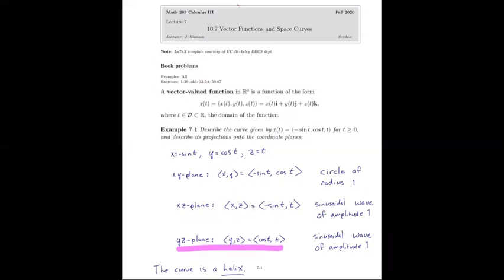So again, this is the parametrization of a function y equals cosine of z, where z is equal to t, and that would be our standard Cartesian representation of that versus this parametric representation. Again, that's a sinusoidal wave with amplitude 1.